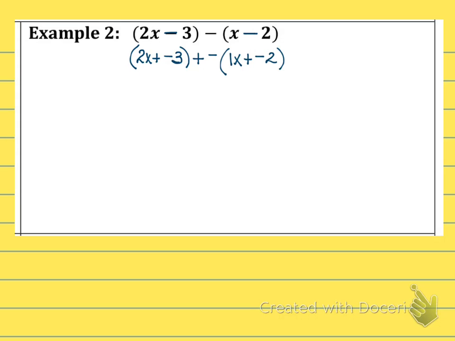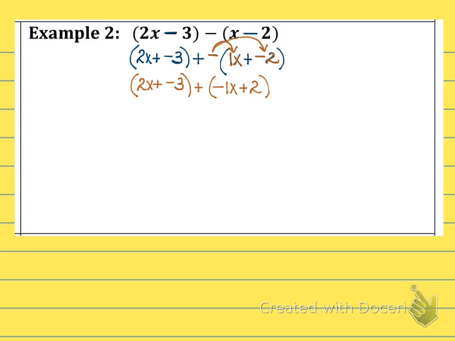Now I'm going to draw my arrows coming from that subtraction sign in between. So I'm really taking the opposite of 1x and the opposite of negative 2. The first expression is going to stay the same, 2x plus negative 3, plus, now let's take the opposite. The opposite of 1x is negative 1x. The opposite of negative 2 is positive 2.